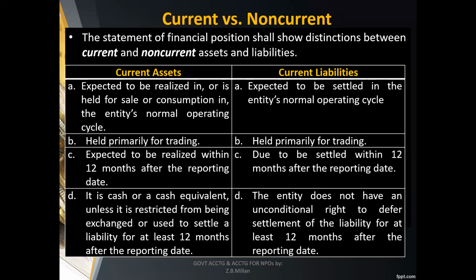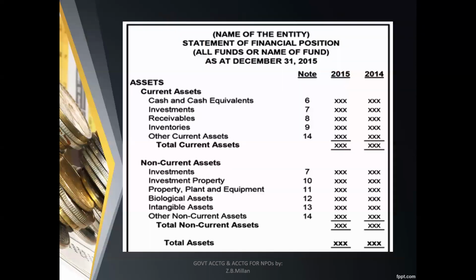Or in general, as you can see, you will consider an item as either a current asset or liability if it is consumed or used within 12 months, or if it is a liability paid within 12 months. You consider that as current.